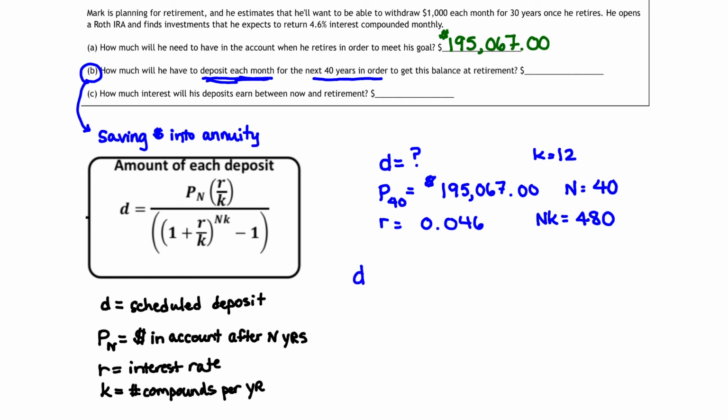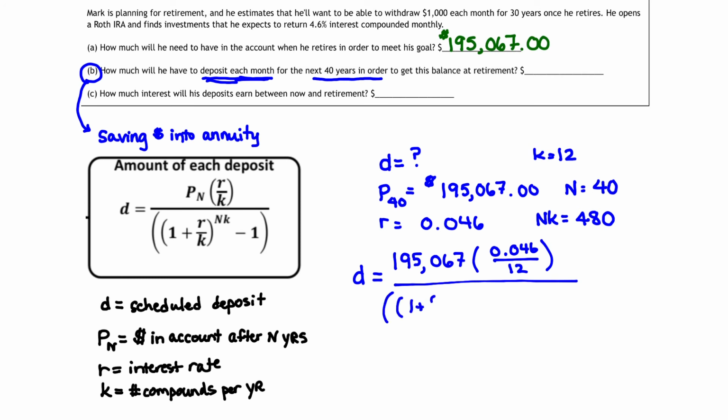So our formula is going to be that D equals $195,067 times 0.046 over 12, all divided by the quantity of 1 plus 0.046 over 12 raised to the 480 minus 1.